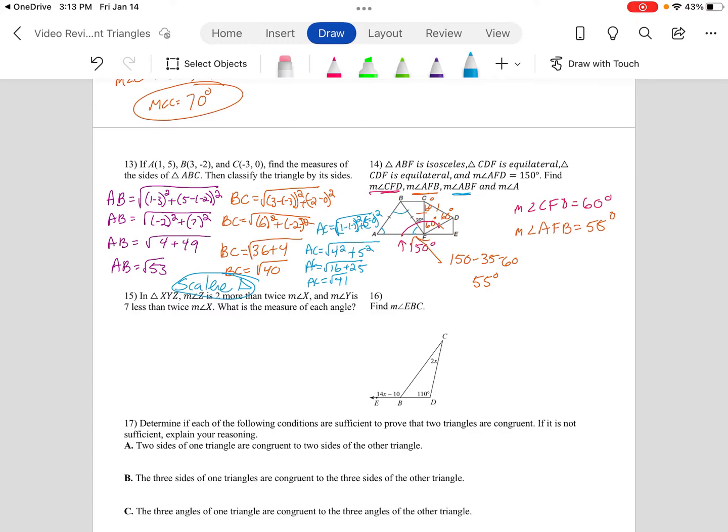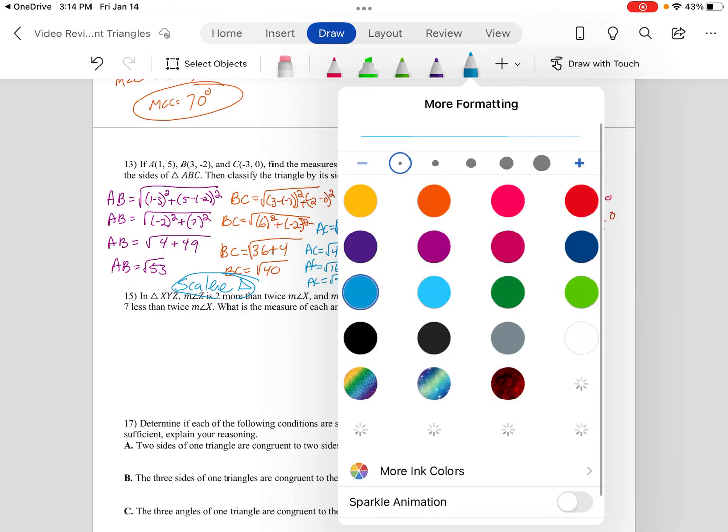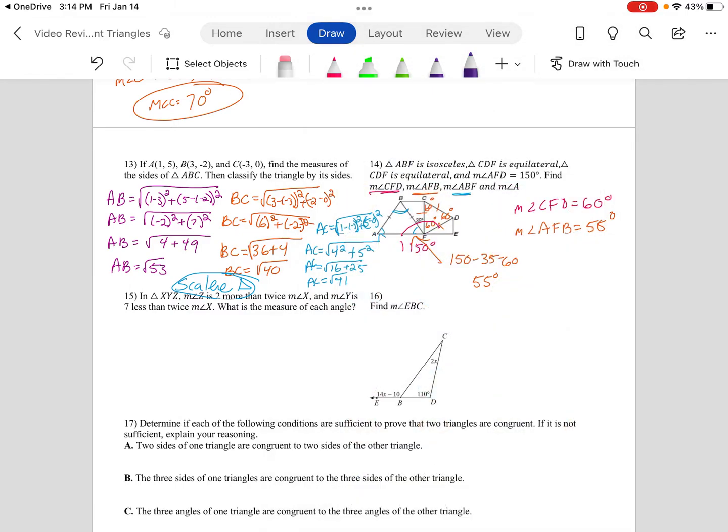ABF, this angle right here, well, to find this angle right here, I know that the angle right there is also 55 degrees, excuse me. I know if this angle is 55, then this angle also has to be 55.